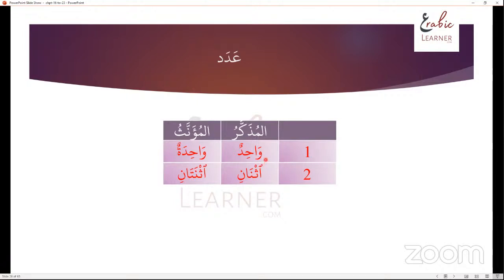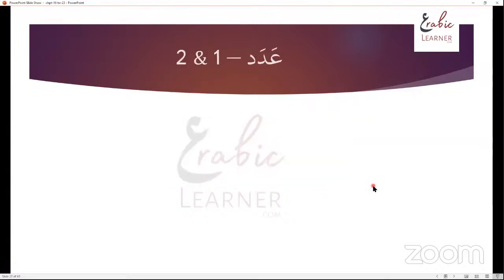So wahid is muzakkar, wahida is muannas. Ithnani is muzakkar and ithnatani is muannas. Now 1 and 2 are dealt with very differently, and that's why I'm highlighting them in red in the Arabic language.